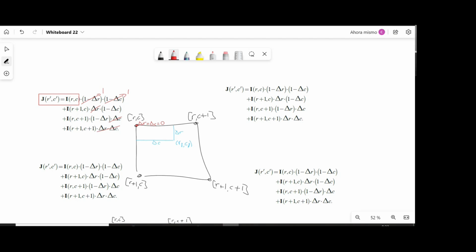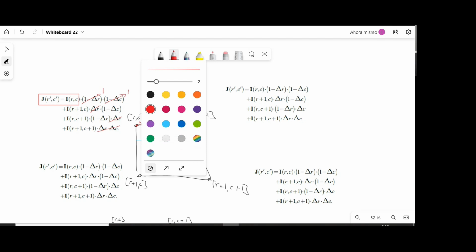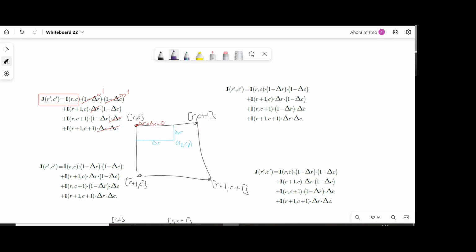Okay, let's look at this one. Let me use a different color. So this one here has delta C equal 1, delta R equal 0. So this one goes because it has delta R. This one goes because it has delta R. And there must be another one.